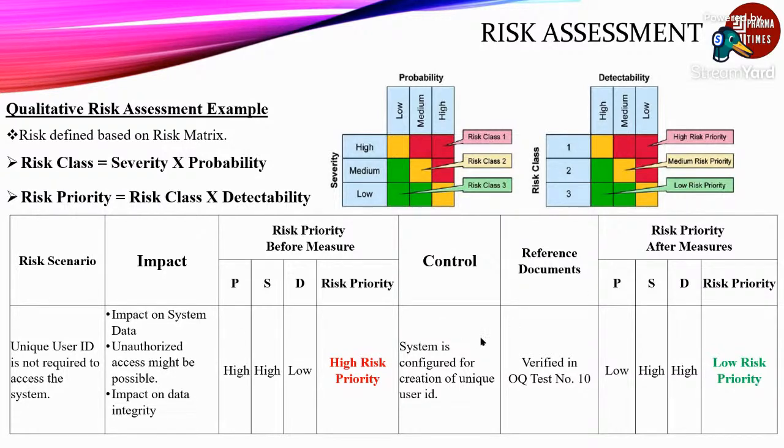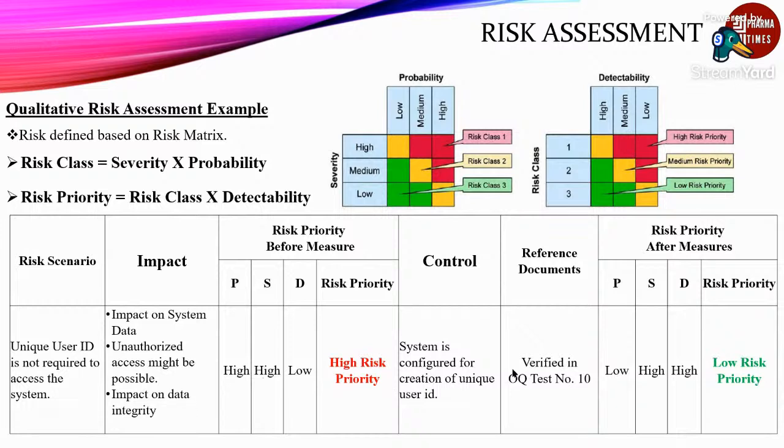I verify that this type of control is available. So currently, after the validation activity is performed, what is the probability of this type of occurrence happening? It's low, as I already checked in OQ test step number 10 that the system does not allow the same user ID to be used in one system. So my probability is low.